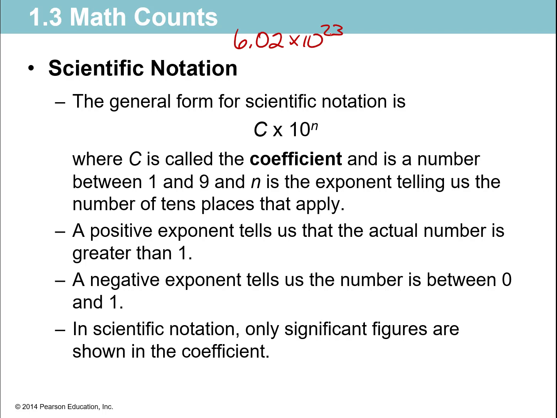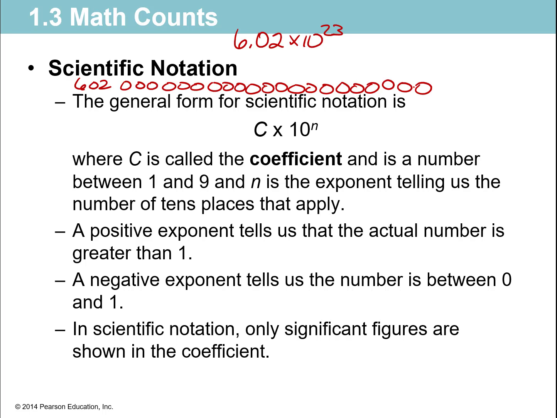When you see that exponent to the 23rd, that means your decimal place would actually go 23 places to the right. So if I was going to write this out, 1, 2, 3, 4, 5, 6, 7, 8, 9, 10, 11, 12, 13, 14, 15, 16, 17, 18, 19, 20, 21. So those are equal, okay?